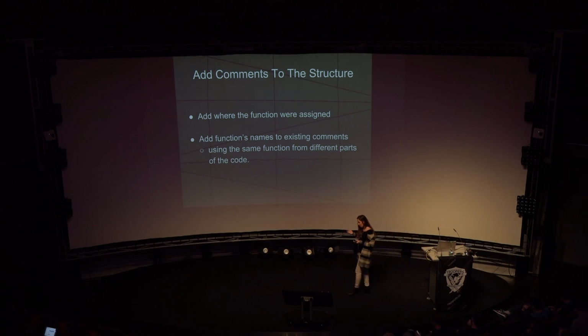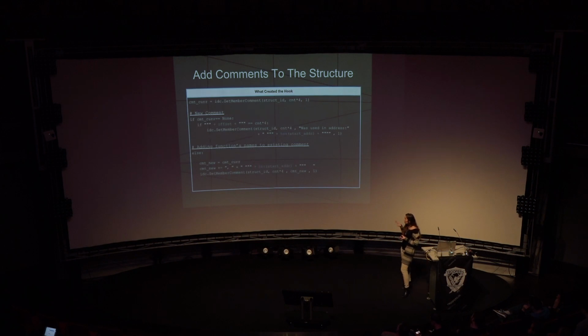But in case there was already a call for the function, I add all the addresses so you can see all of them after the program stops its run. So this is the part that adds a new comment and adds function names to an existing comment. This is the code in IDA Python that creates the hook.